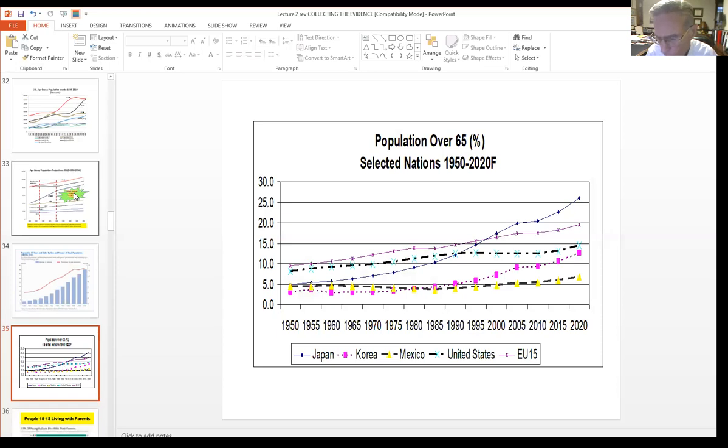And which line is the comer? Which one is starting to grow faster? Lo and behold, it's South Korea. And that's because the Korean economy is growing, industrializing, developing, and as it does, people are living longer. So this phenomenon is occurring all over the world.